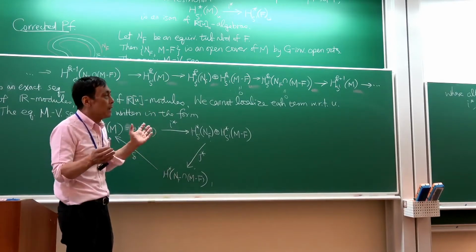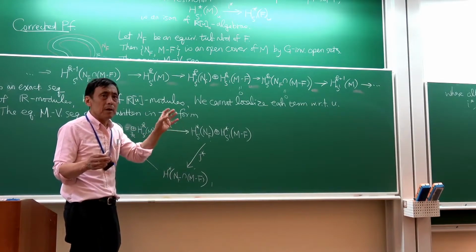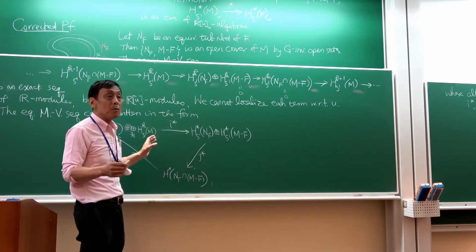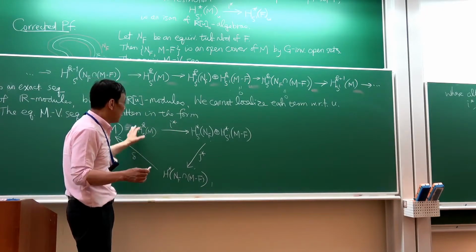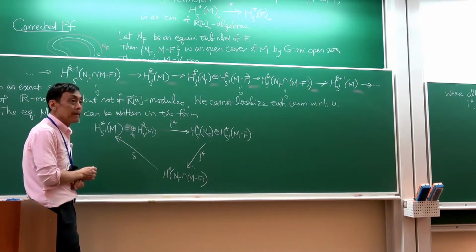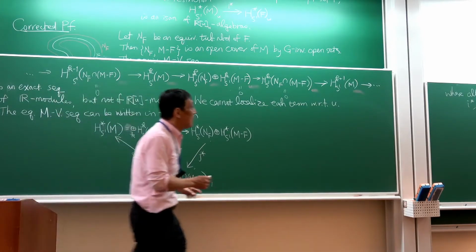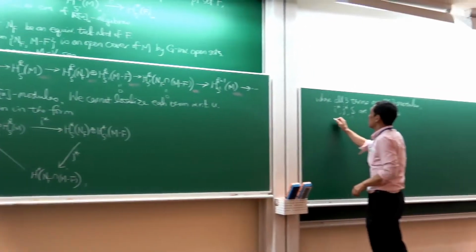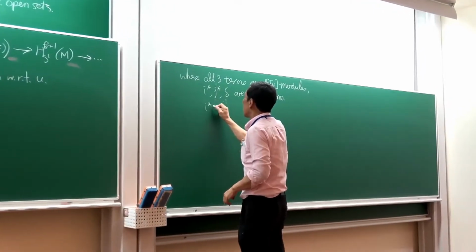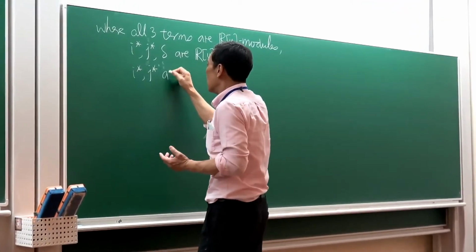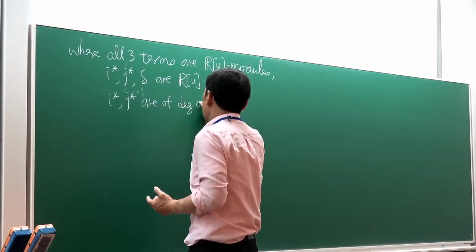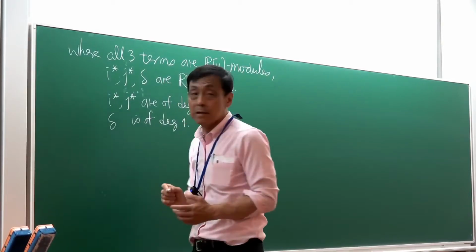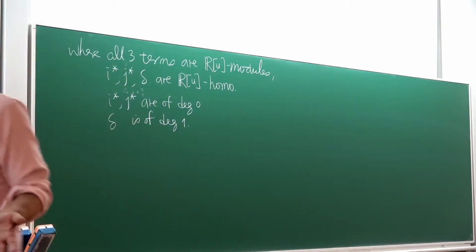So in general, if you have a short exact sequence of R(U) homomorphisms, then there's a long exact sequence in cohomology of R(U) homomorphisms like this. And I star and J star preserve the degree, so they are of degree 0, and delta is of degree 1. Delta increases the degree by 1.